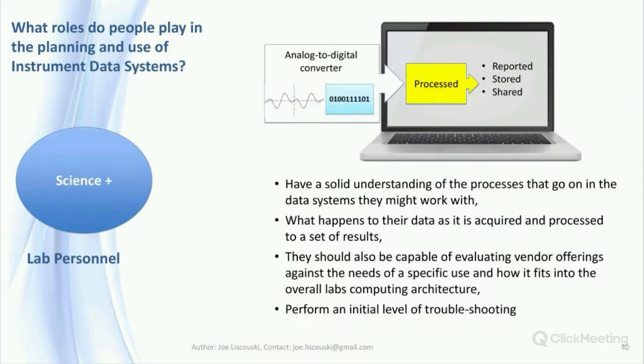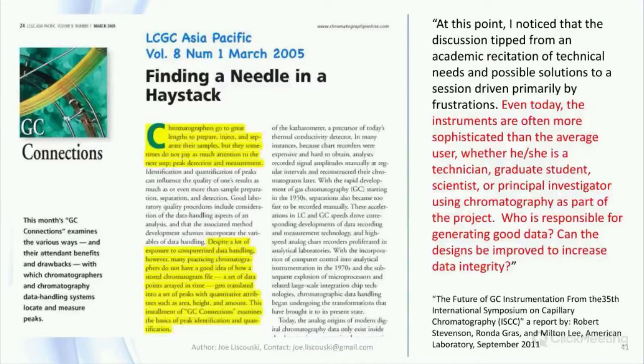They should also be capable of evaluating vendor offerings against the needs of a specific use and how it fits into the overall lab's computing architecture. The ability to provide an initial level of troubleshooting issues, along with automated procedures and equipment used, is another area of the lab personnel's responsibilities.